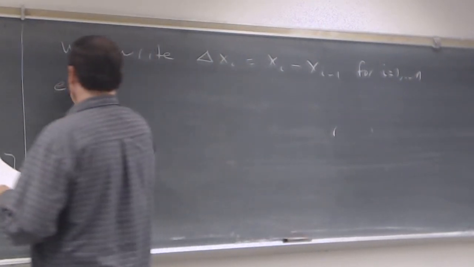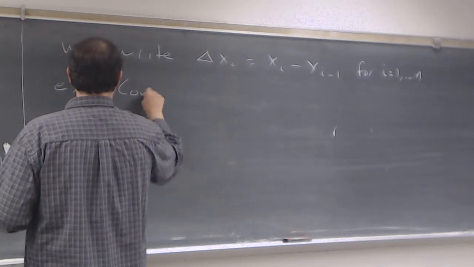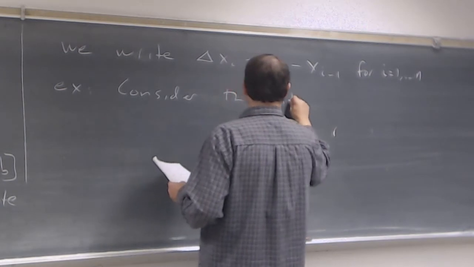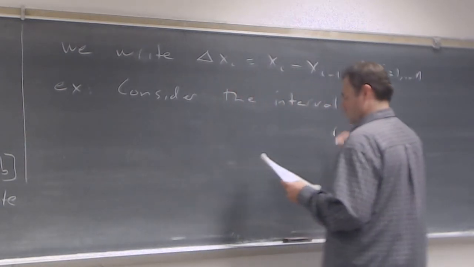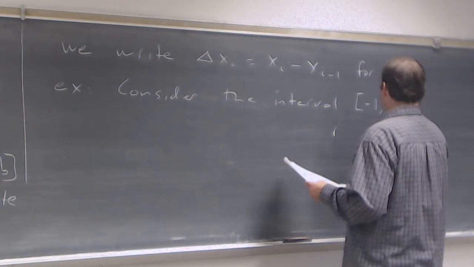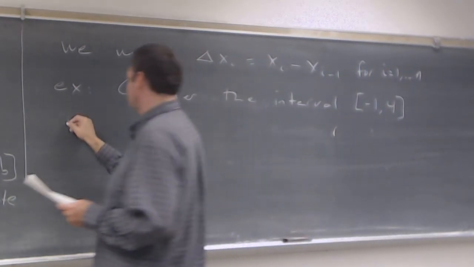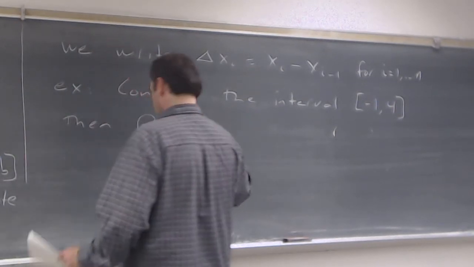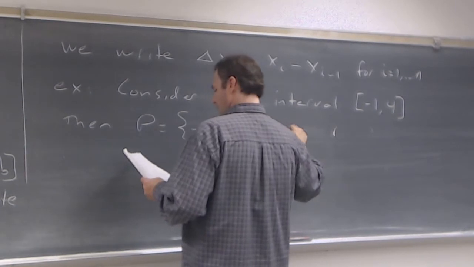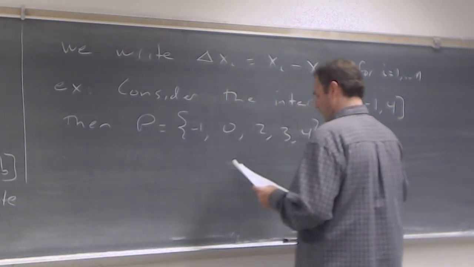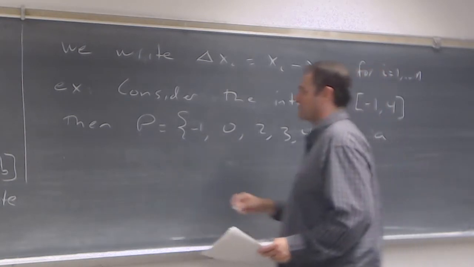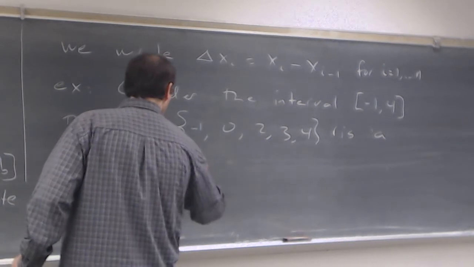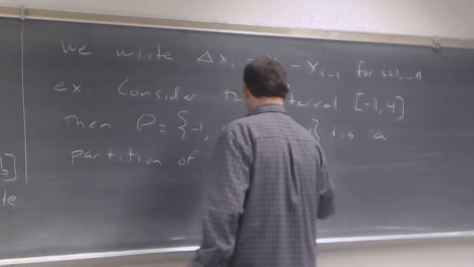So as a quick example, we consider the interval [-1, 4]. Then script P equal to the set of, let's say, -1, 0, 2, 3, and 4 is a partition of [-1, 4].